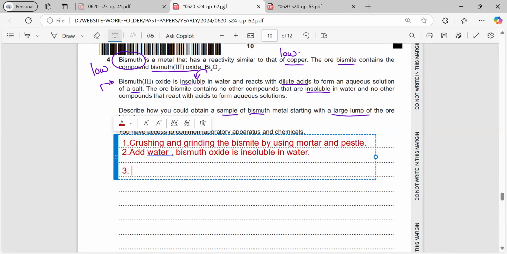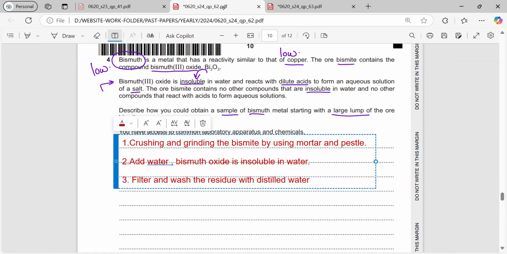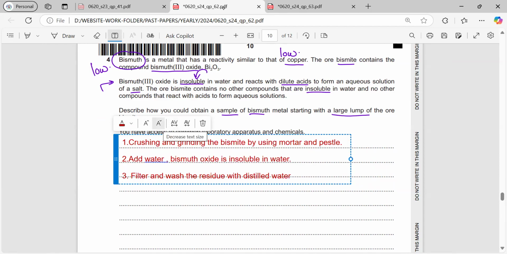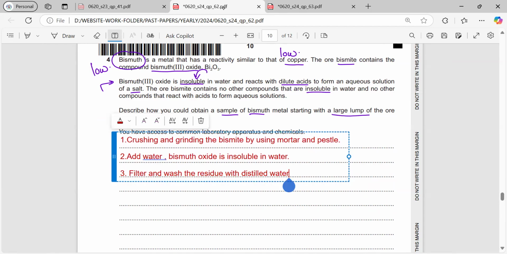So after that, we'll filter and wash the residue with distilled water. Because bismuth oxide is insoluble in water, it will be left in the residue. So if we want bismuth oxide, then we will wash the residue with distilled water to make it clean from all impurities.